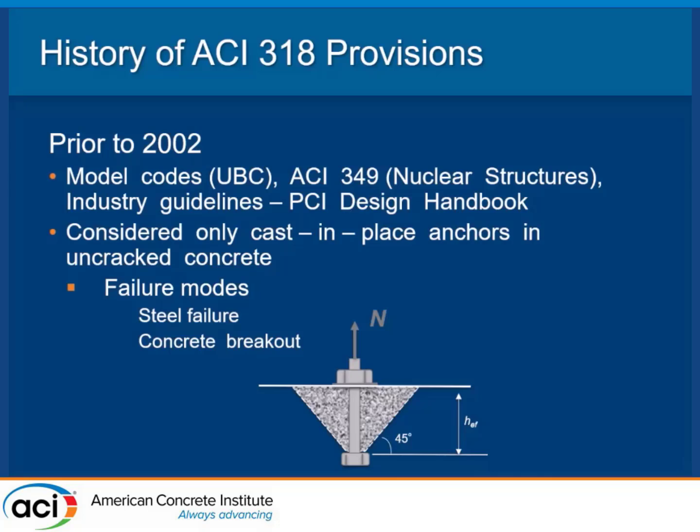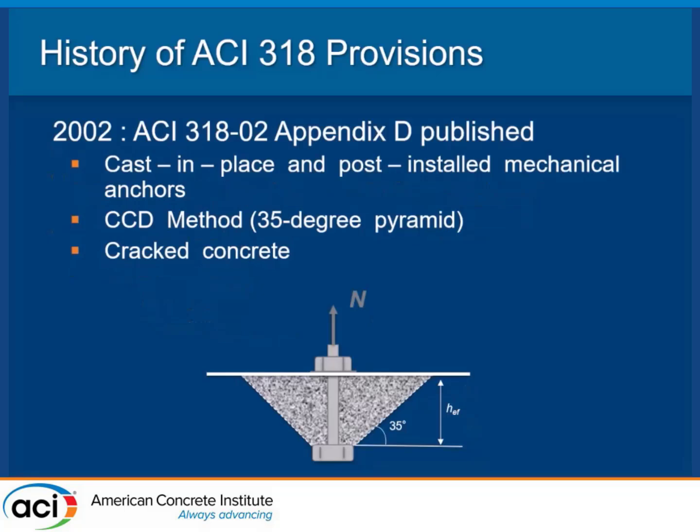In the 90s, this thing called the CCD method, and I just blanked on what the CCD means, but over a lot of observation over time, they noticed that that angle was really 35 degrees, and we're going to see a lot of pictures today that reinforce the fact that it's truly 35 degrees.